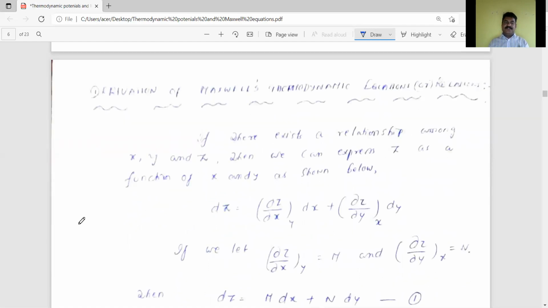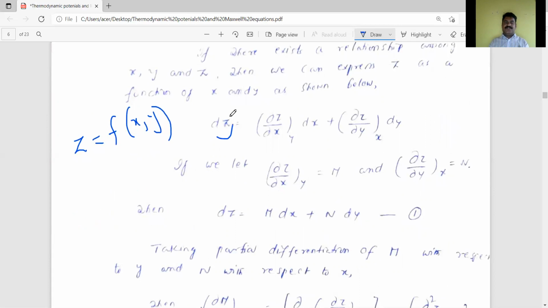If z is a function of x comma y, then the differentiation dz can be written as dou z by dou x at y into dx plus dou z by dou y at x into dy. Now, if you take this value as M, what is that value?